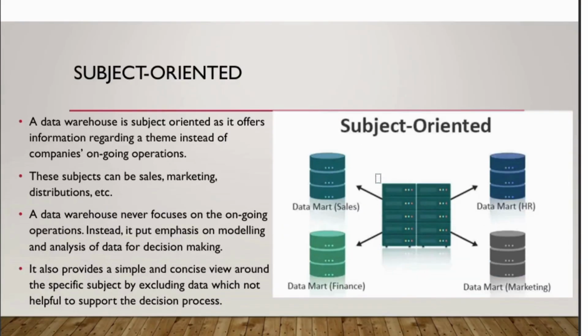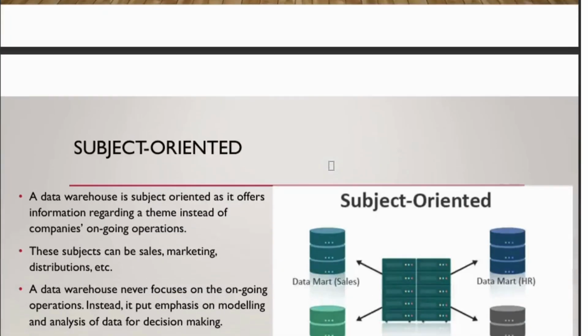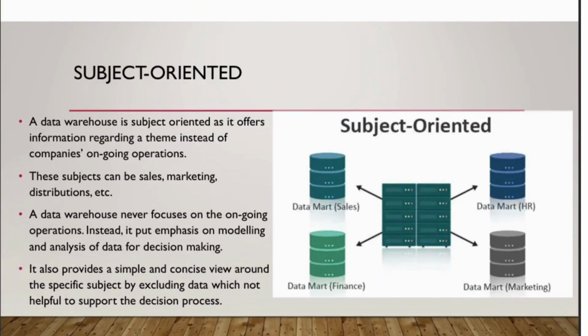Now let us look into what subject oriented characteristic stands for. In simple words, they focus on themes like sales or marketing, not daily operations. So let us look into the information given here. A data warehouse is subject oriented as it offers information regarding a theme instead of a company's ongoing operation.